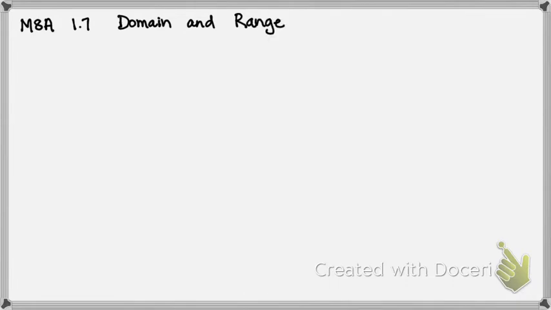So I've got a cutesy little mnemonic device that deals with the idea of domain and range. So what we have is, across the top, we're going to talk about Dixie. And then over off to the side, we're going to talk about Royd.